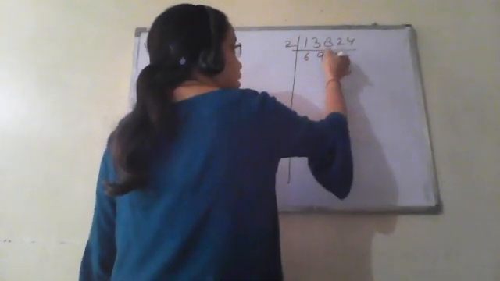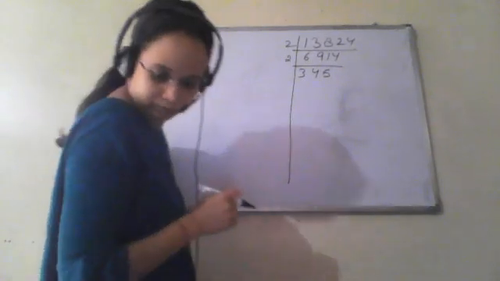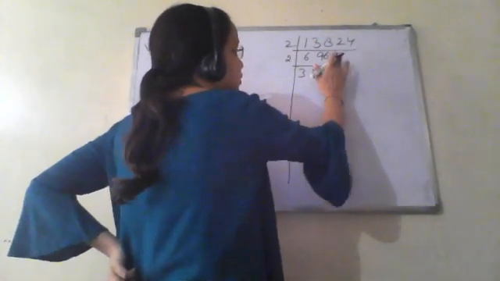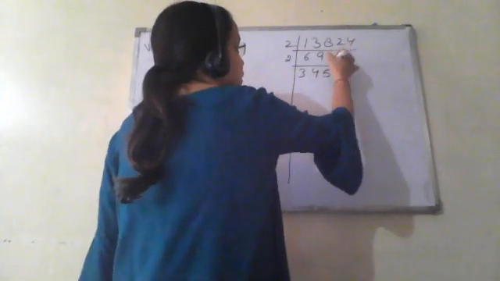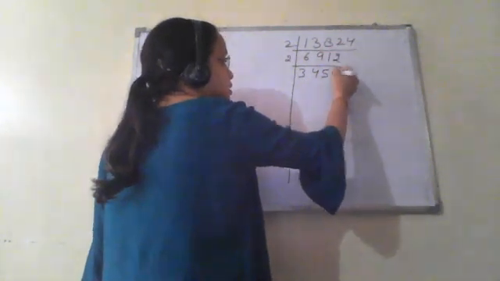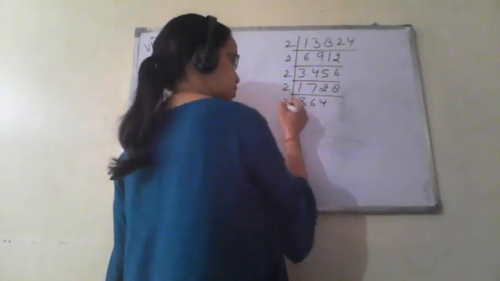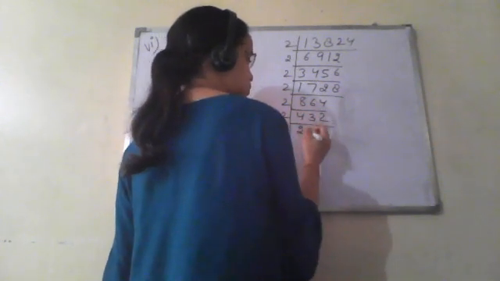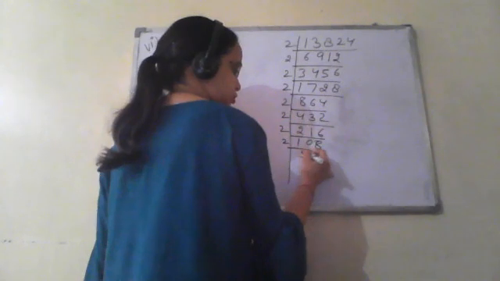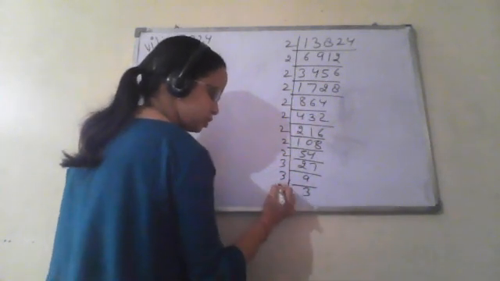This is 6912, 3456, this is 1728, this is 864, this is 432, 216, 108, 54, this is 27, 9, this is 3. And this is 1.